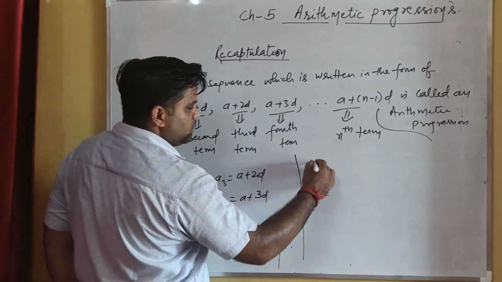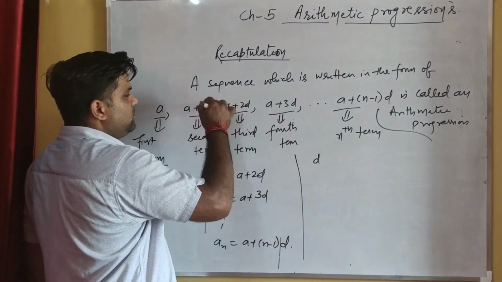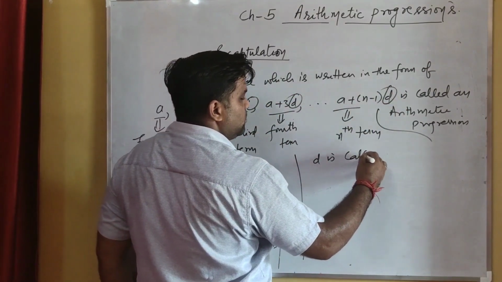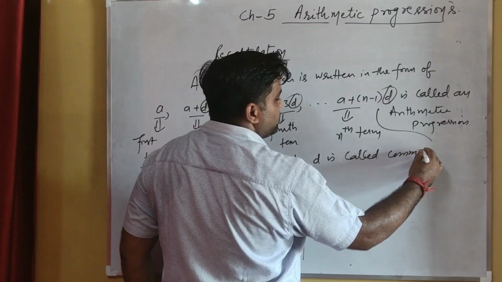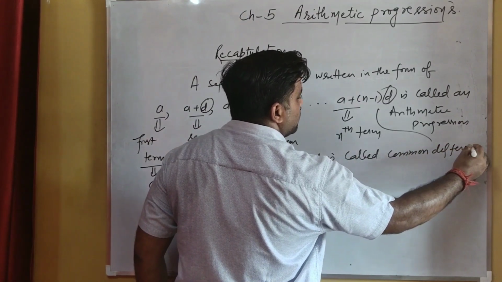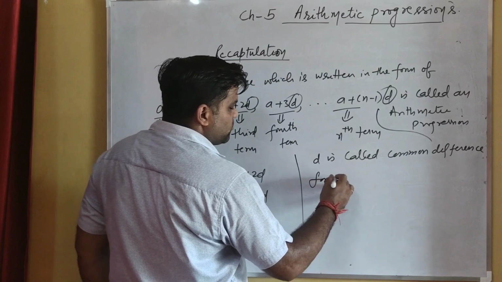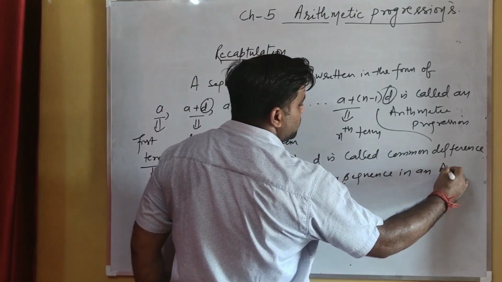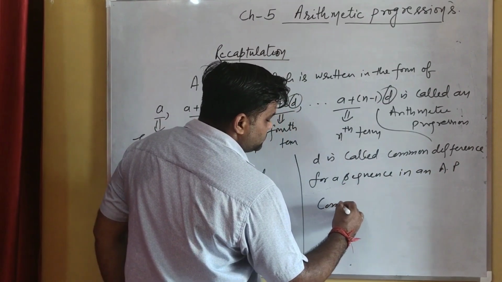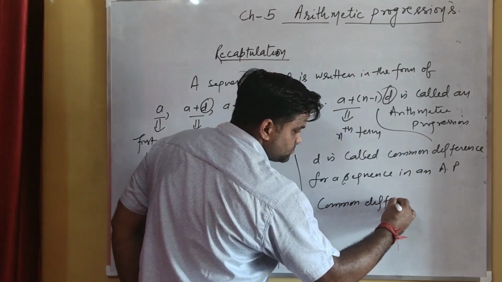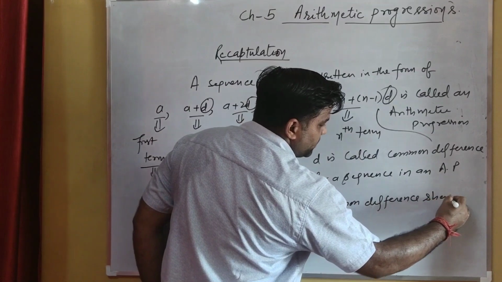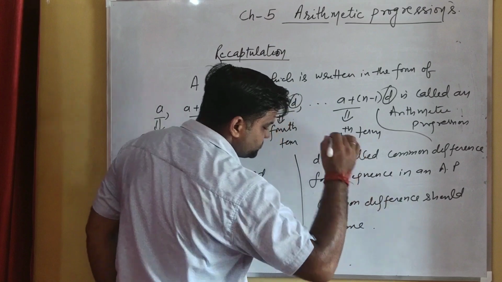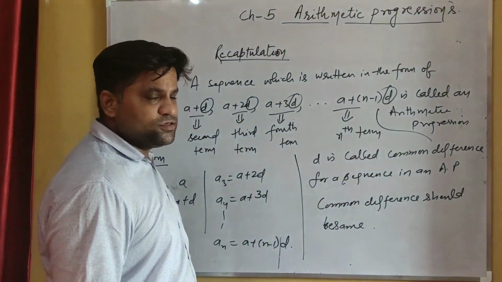Now here d is called the common difference. For a sequence to be an AP, the common difference should be the same.